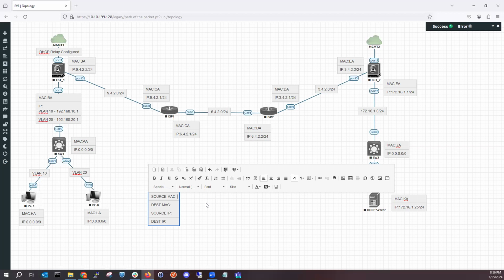Okay. So the broadcast reaches the switch, and now the switch would forward the broadcast. The frame shouldn't change completely. So the source should still be PC7's MAC address, which is HA.